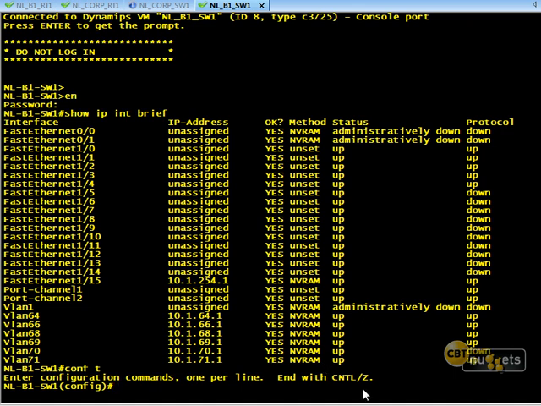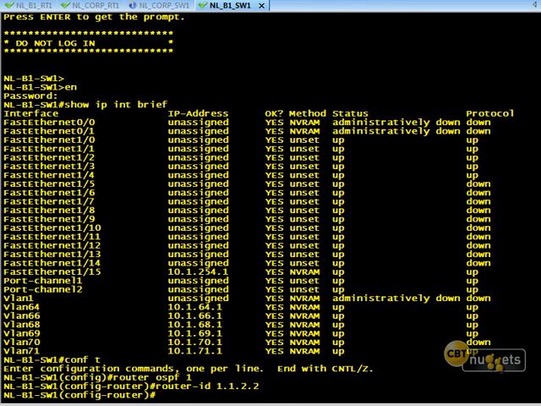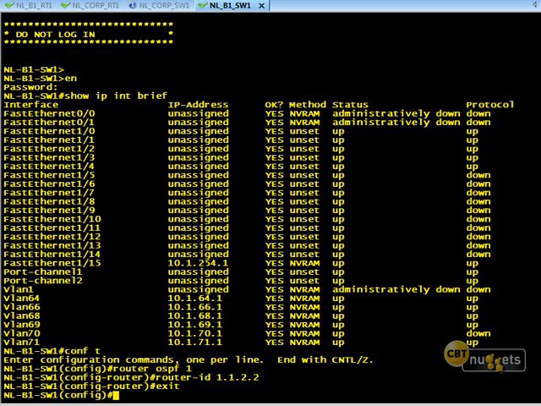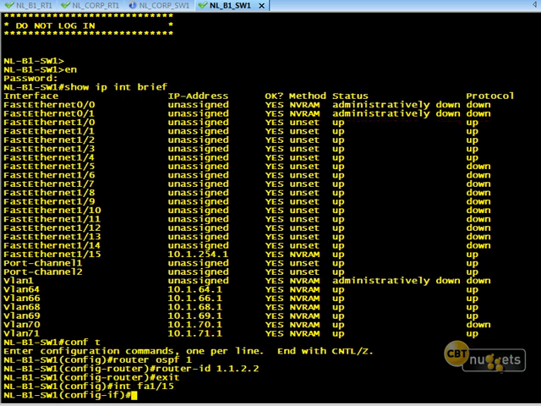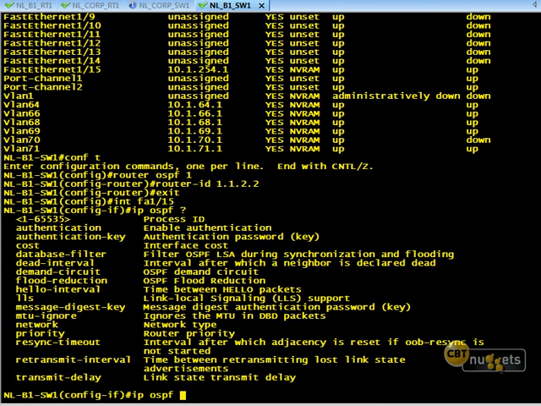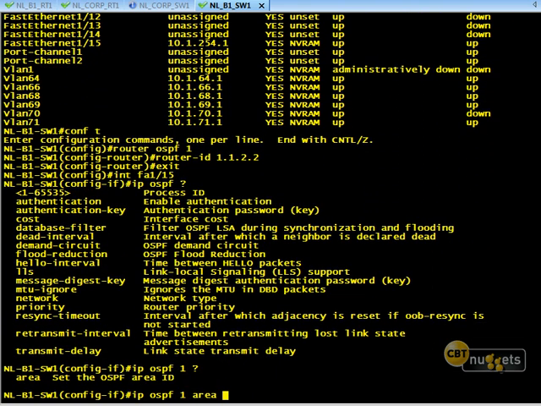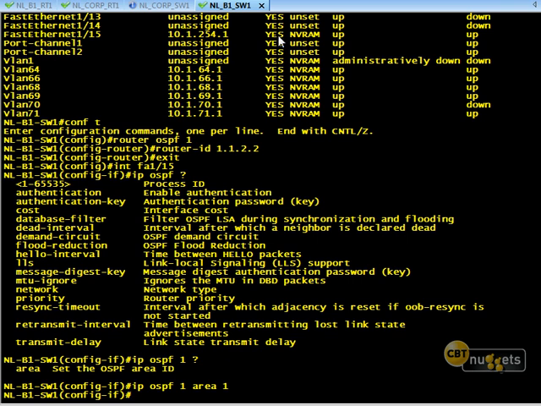So let's go to router OSPF 1, router ID 1.1.2.2. That was from the lab. I've got that configured. And let's do, oh, we can't use network statements. It says we may not use network statements, so we need to go under interface FA 1/15 and do IP OSPF process ID 1, area 1.